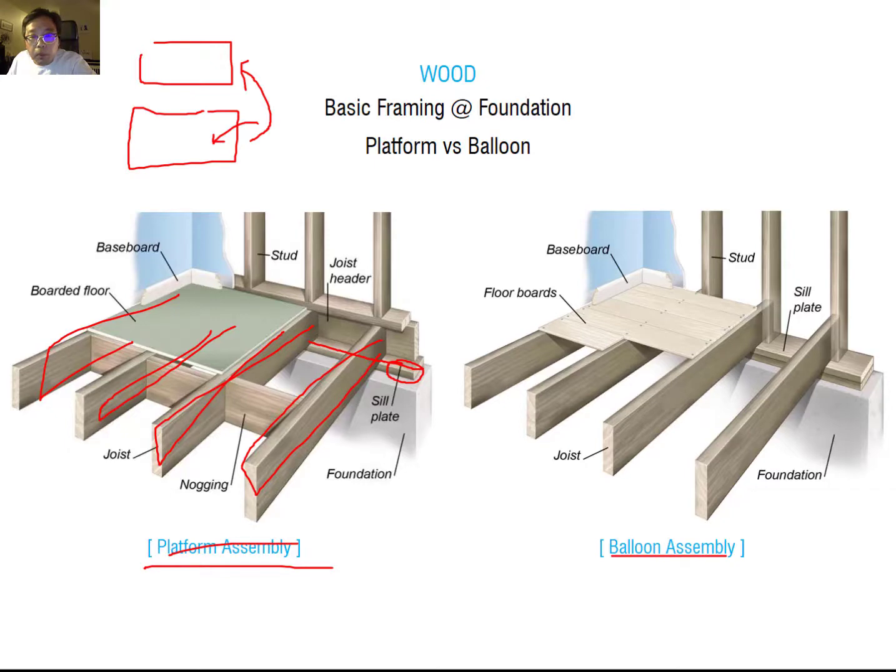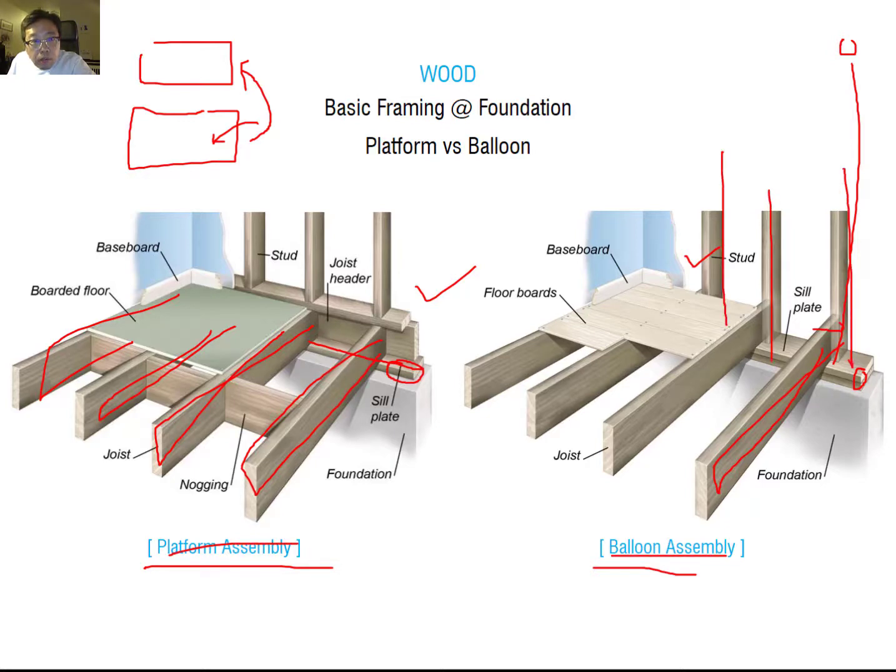But the balloon assembly has a more continuous wall from the bottom to the top. Okay, the balloon framing sits on the sill plate and is nailed together between the stud and the joist. You see here what the difference is between here and here. In the balloon framing, the joist for the slab is nailed down to this vertical frame, which is a vertical stud.